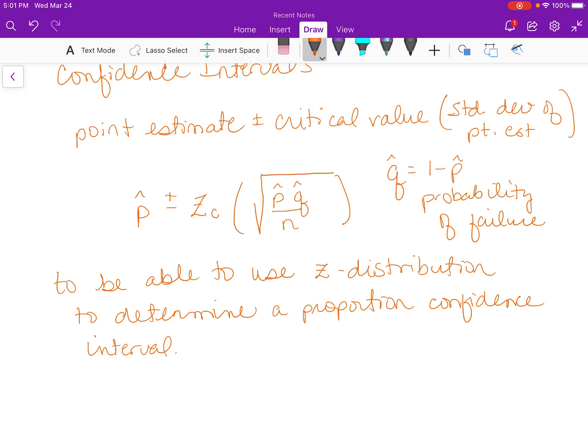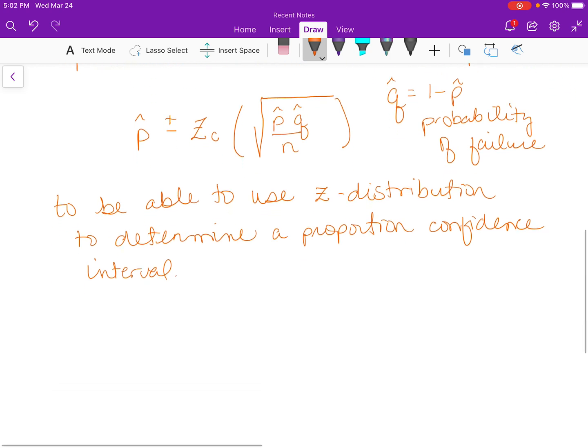In other words, when we talked about the sampling distribution of X bar and what allowed us to use the Z distribution when the standard deviation was known for a confidence interval, or the T distribution when the standard deviation wasn't known, what allowed that to happen is our N being greater than or equal to 30. That goes back to the central limit theorem, or the original population being known to be normally distributed. Those allowed us to use the Z and the T.